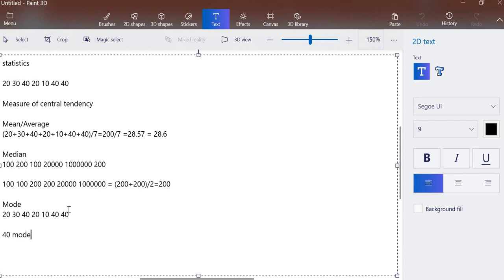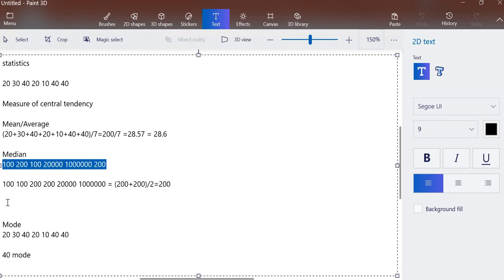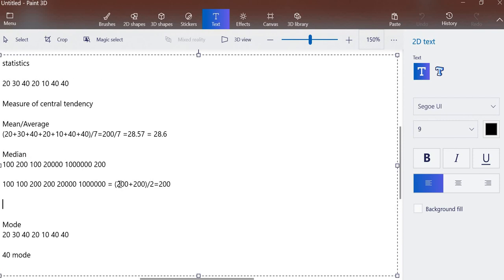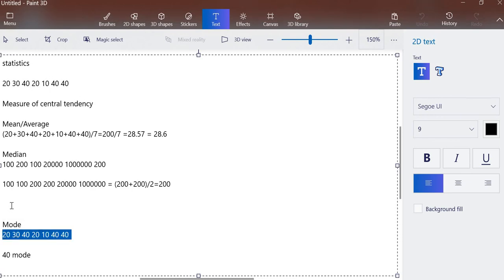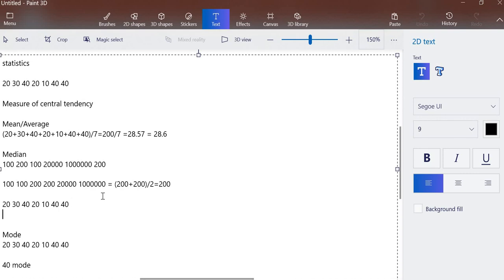Okay, so this is the brief about statistics. And another thing I have missed out, which I will mention, is that in case of median, as this was 6 people, we found the median in this way. If we have 7 people, let's take the example of the same age factor. So how can we find out the median?